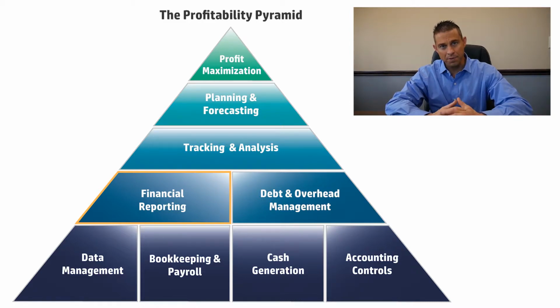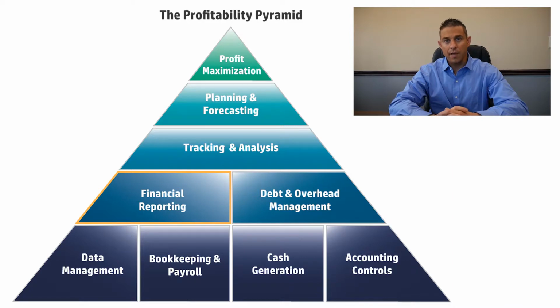This is a building block from the foundation of the profitability pyramid, in which the quality of the numbers and allocation of them below carry into the reporting to further give you the confidence that you're making the right decisions with what you have in the practice.